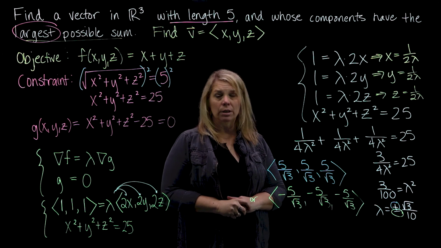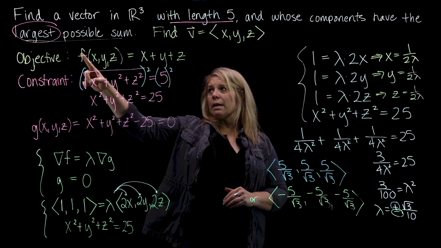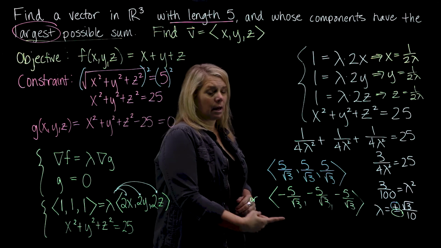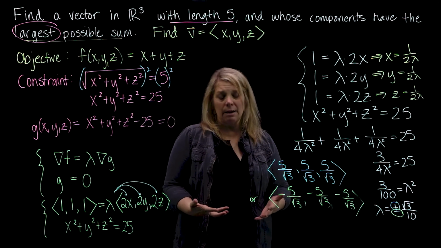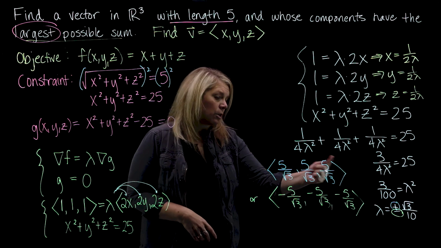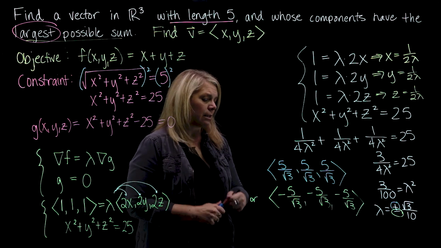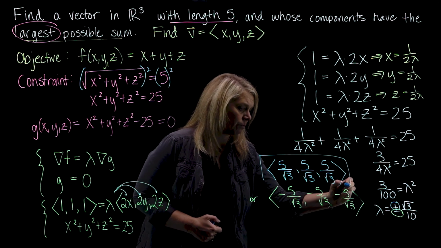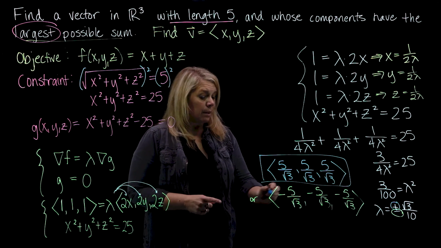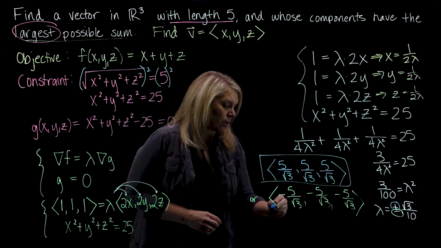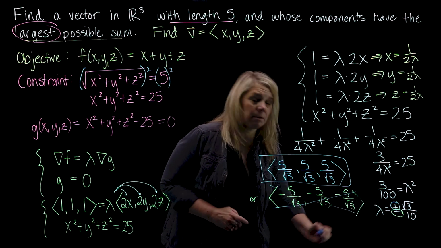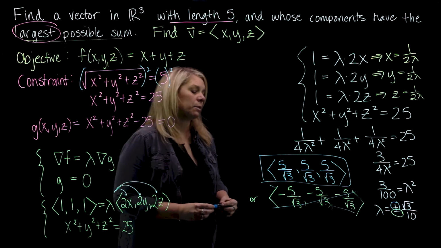So what we're after here is a largest possible sum. A negative answer is not going to give me a largest possible sum. So this is my possible candidate for a largest possible sum. This one perhaps might minimize the objective function, but certainly doesn't give us a largest possible sum.